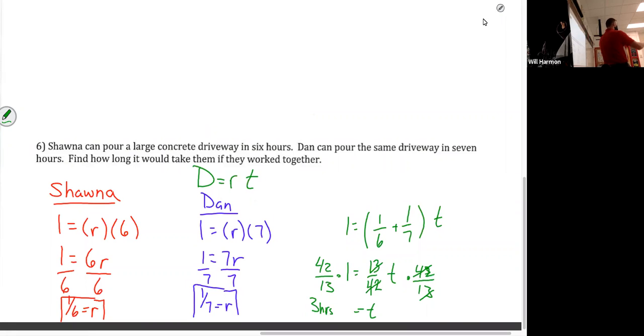No, use your phone. Do 42 divided by 13. You're gonna get 3.23. So 0.23 of an hour is what? So do 0.23 times 60. What do you got? Like 13 minutes? 14 minutes.